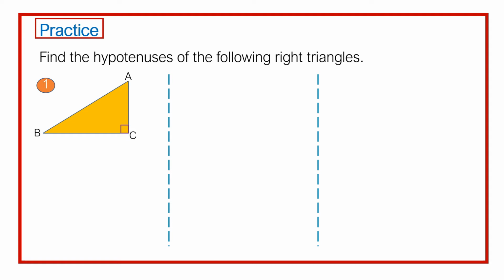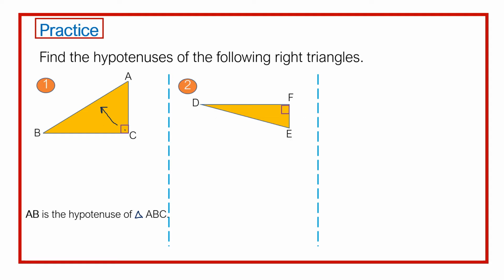And the largest angle is angle C. It is 90 degrees. So the side that is opposite angle C will be the hypotenuse. So this is the hypotenuse. It means that AB is the hypotenuse of triangle ABC. It implies that AB is the longest side.